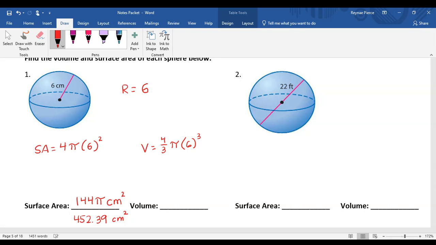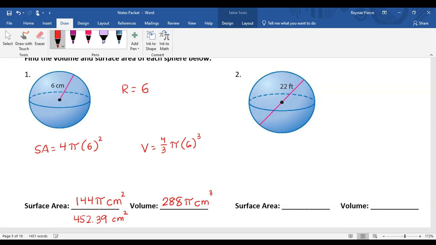Now 6 cubed is 6 times 6 times 6. That's 216. And 4/3 of 216, you can multiply by 4 and divide by 3, is 288 pi centimeters cubed.